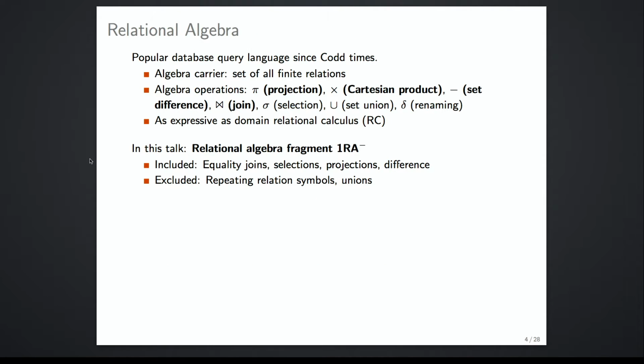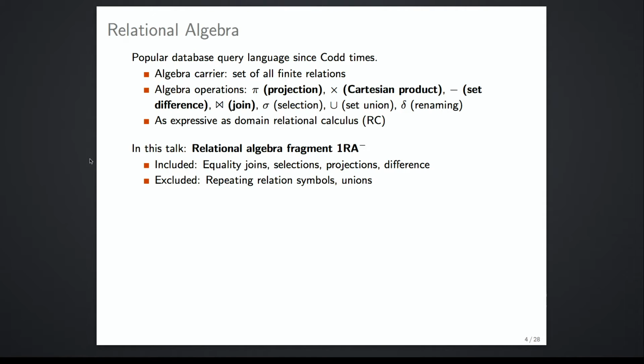As language, I will start with the language which arguably perhaps is not very pleasing for logicians, but I will actually discuss also the case of languages closer to your heart perhaps. I will start with relational algebra, and I'll try to motivate towards the end why I started with this. This is a popular database query language since Codd's time, since 1970.